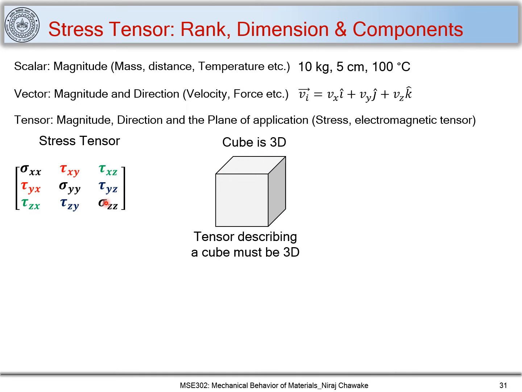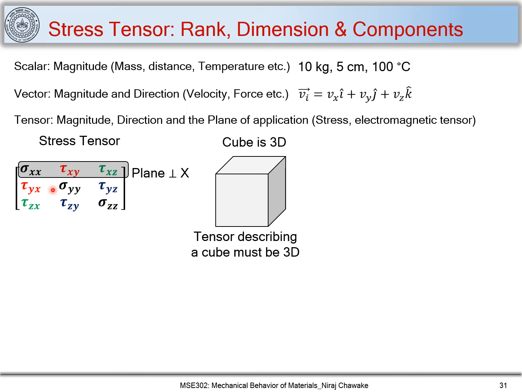Now if you look at the stress tensor we defined earlier, the first row is representing the stresses acting on the plane perpendicular to x, or acting on plane x, isn't it?